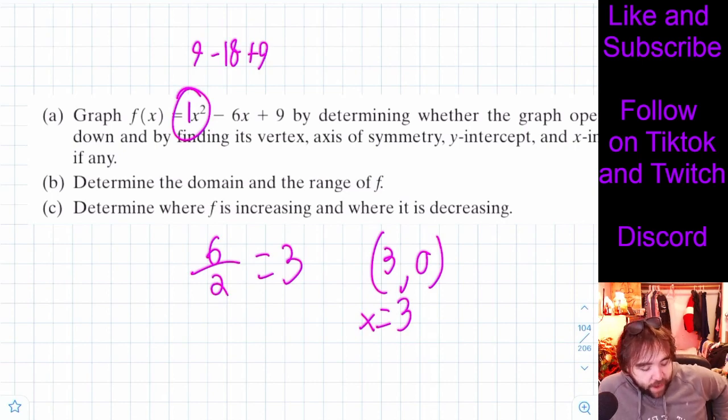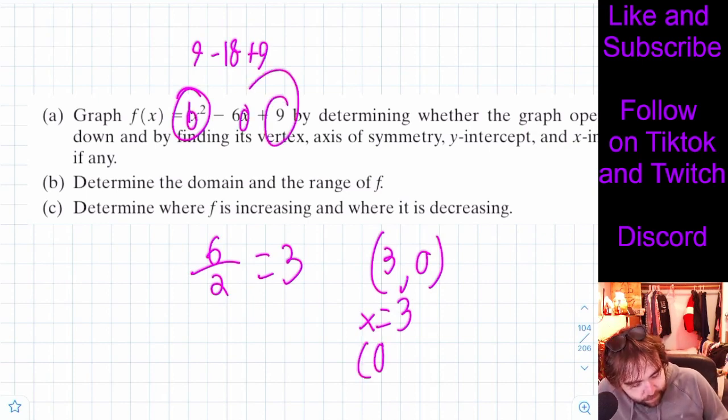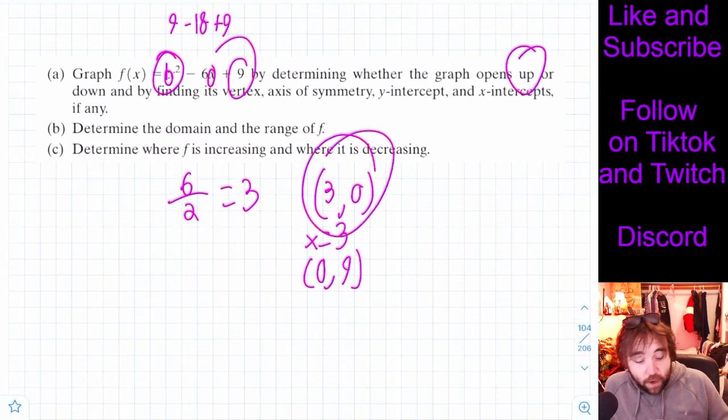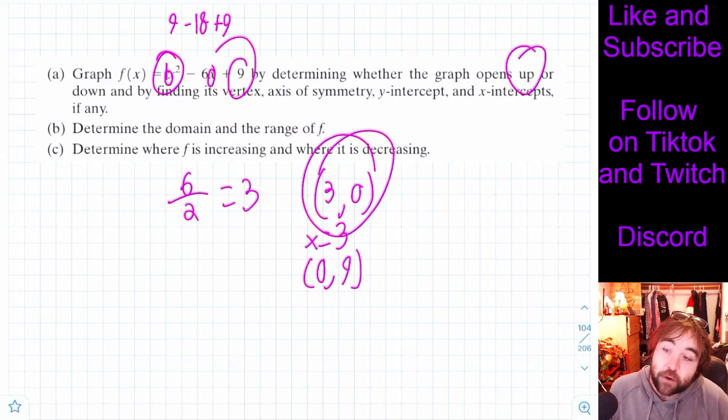And then it says the y-intercept. So when x equals 0, that means the y-intercept is (0, 9). That'll be on the graph. And the x-intercepts, which we already found, there's actually only one of them. So if there's only one x-intercept, first off, think about what that's going to mean. Well, we found the vertex.